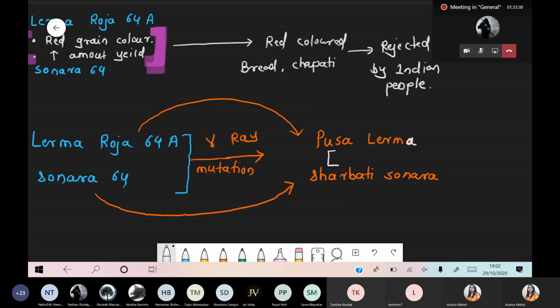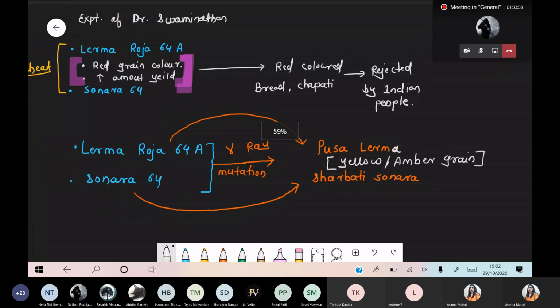Now they obtain the amber color or the yellow color. So both have yellow or amber colored grain. That's it. And now we can easily consume such Pusa Lerma and Sharbati.